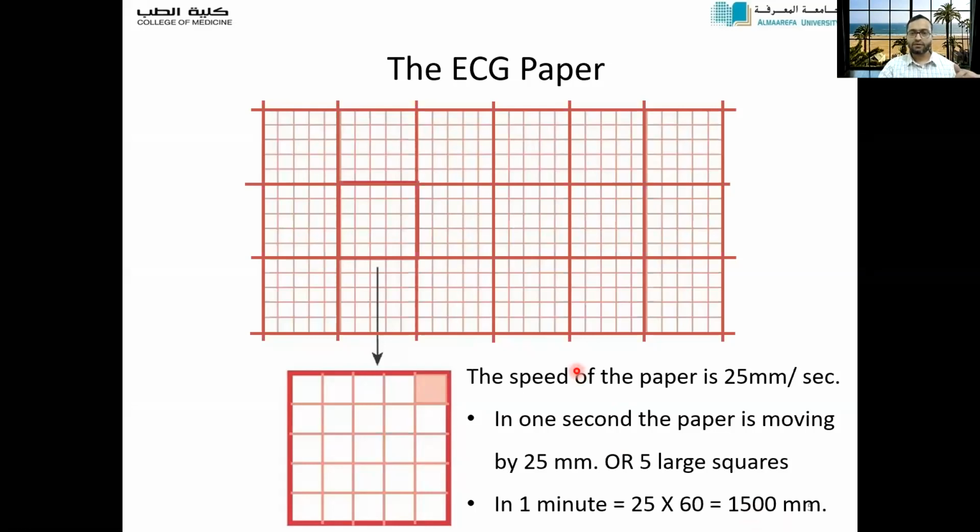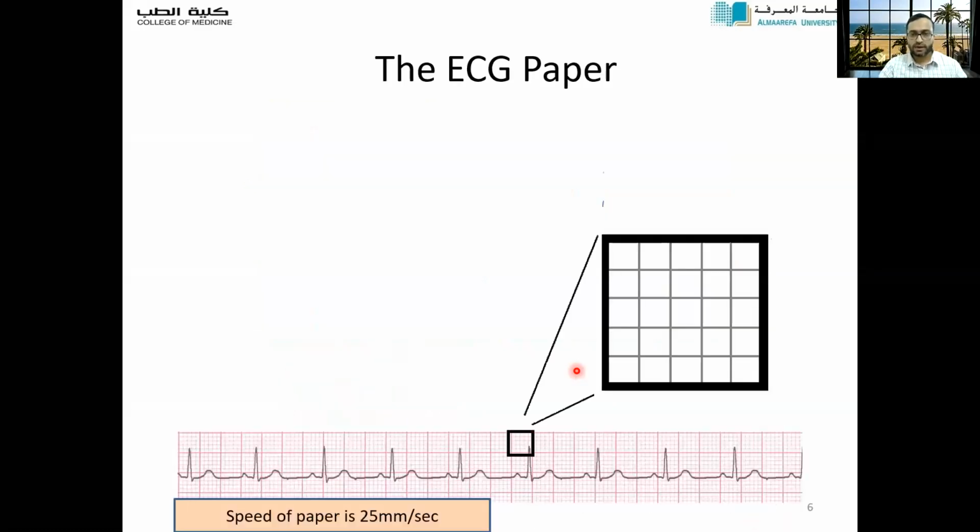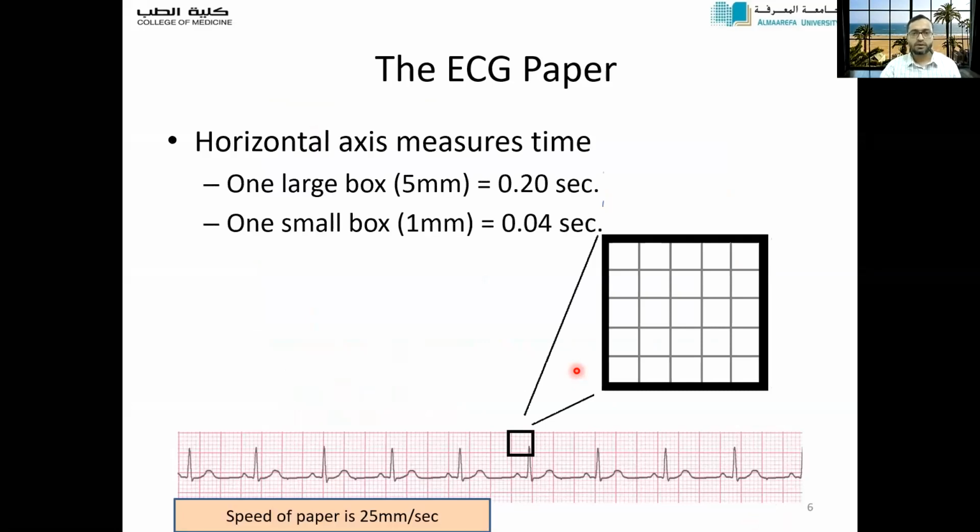In the same way, when we know about 1500 millimeter as well as 300 large squares, you can comment about one small square or one big square also. To remember, we have to fix in the mind that one large square, that is 5 millimeter on ECG paper, equals 0.2 seconds. From here to here, one large square is 0.2 seconds.